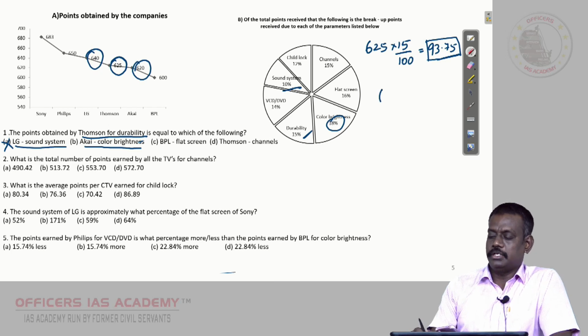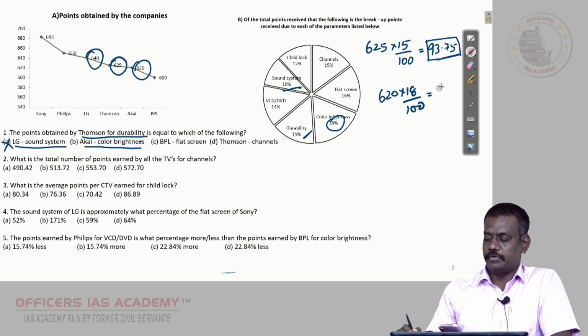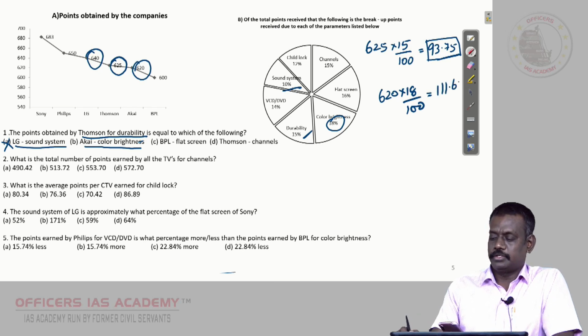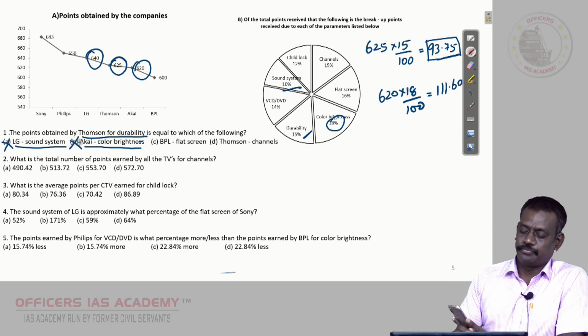So 18% of 620 will be 111.60, which is not equal to 93.75. So that is also not the answer.